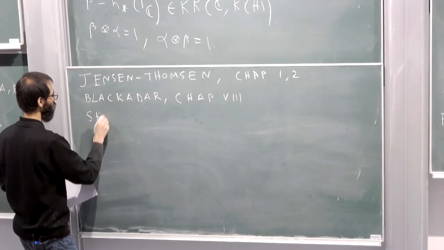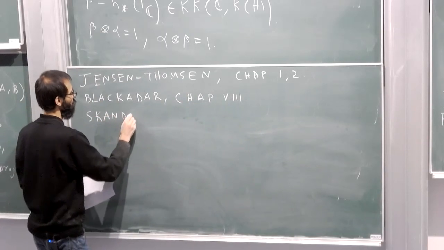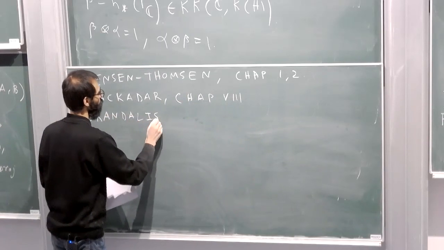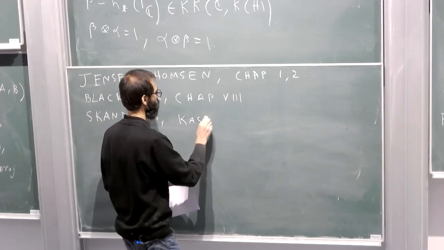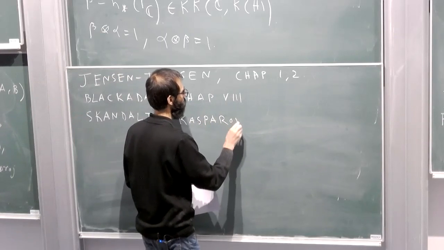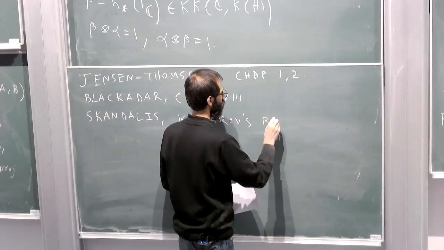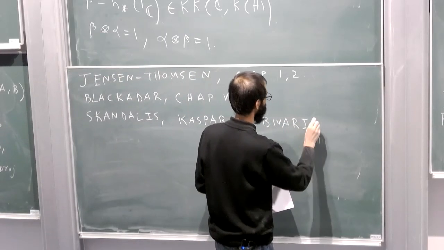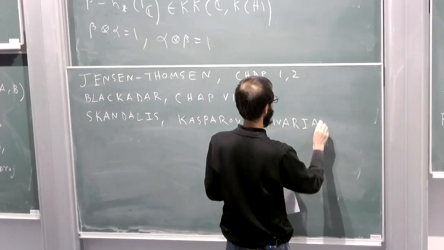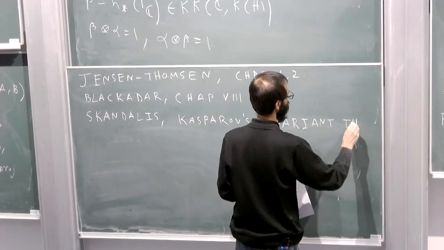There is a note by Skandalis on his website. It's called Kasparov's bivariant theory.